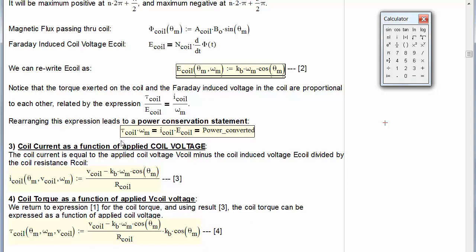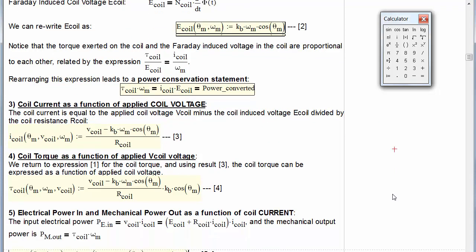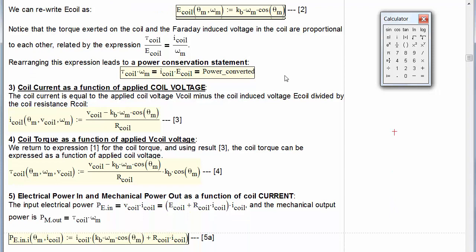The choice of convention or polarity for tau and omega m is such that when those are positive, it's kind of active sign convention, so it's power going out to the mechanical system, essentially the rotational inertia, any viscous or Coulomb loss or load that might be attached to the rotating shaft.